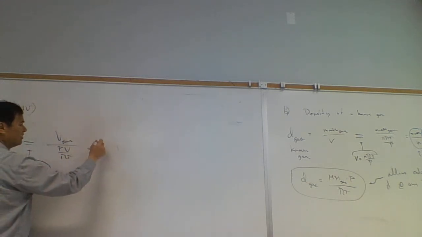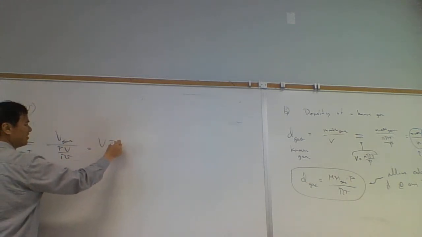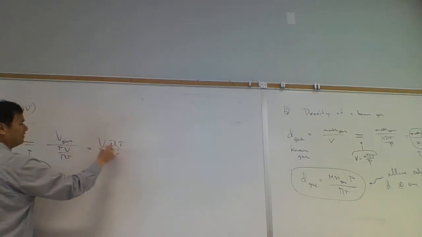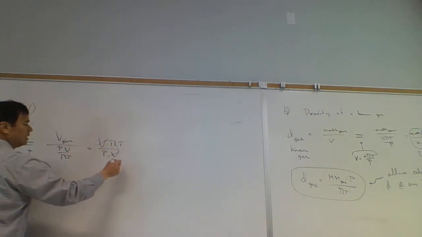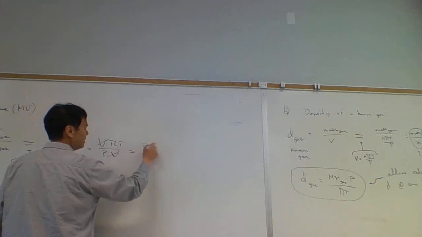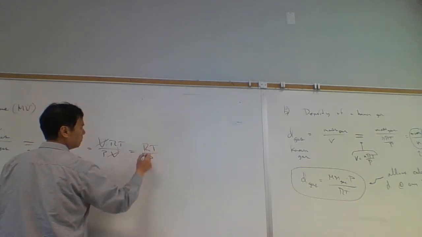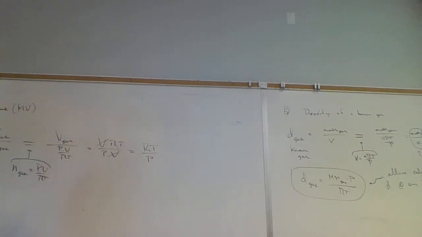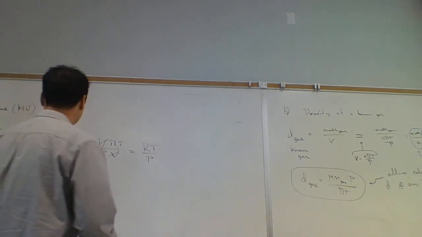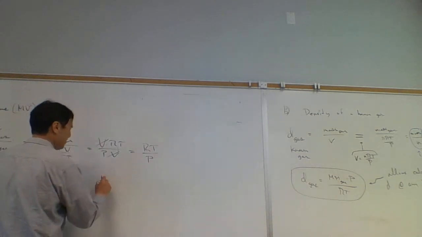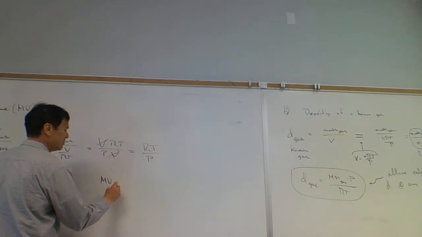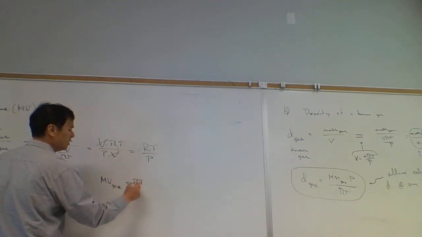When we invert and multiply, we just get volume times RT over PV. Well, V cancels. So what we end up with is RT over P. So we can calculate 1 mole of gas at any temperature and pressure. Well, what's the most common temperature and pressure? So the molar volume of the gas is equal to RT over P.